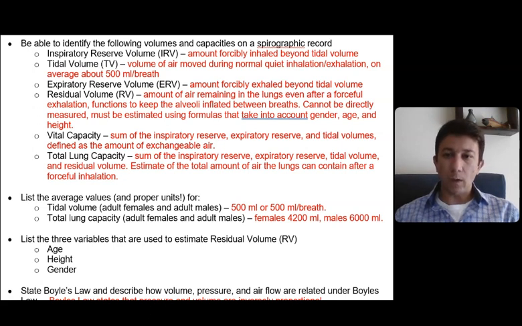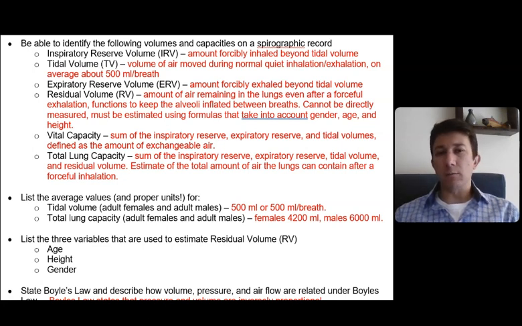So there are some practice equations in there if you're curious about calculating your own residual volume. Just find the one that's appropriate for your gender. You plug in age in years and height in inches, and it will tell you a volume in liters.